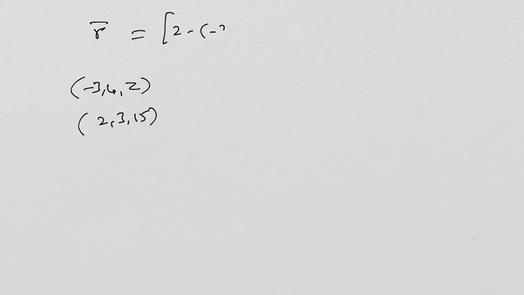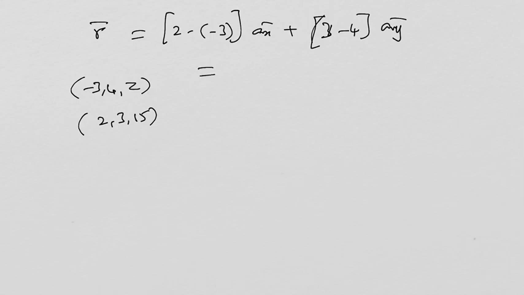Okay, so let me find out. One point is minus 3, 4, Z. The other point is 2, 3, 15, the point of observation. So vector R is 2 minus of minus 3 AX plus 3 minus 4 AY. Of course, I should have gone to the next one, but Z need not be considered. I have told you already, because the infinite straight line is parallel to Z axis. Computation of Z related components will obviously be cancelled in future, because AZ will not be present.